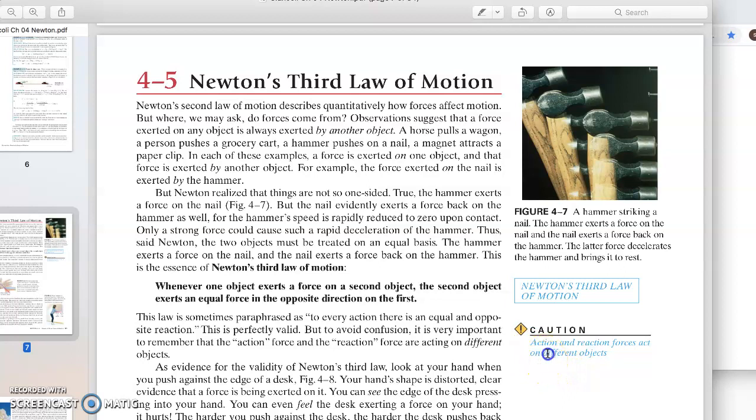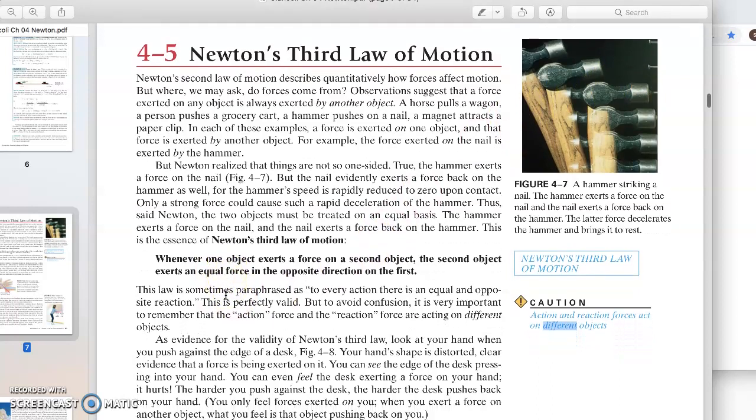Again, keeping in mind that they are acting on different objects. So the first force, hammer acting on nail, is acting on the nail. The other force, nail acting on hammer, is acting on the hammer. All right? Keep this in mind.